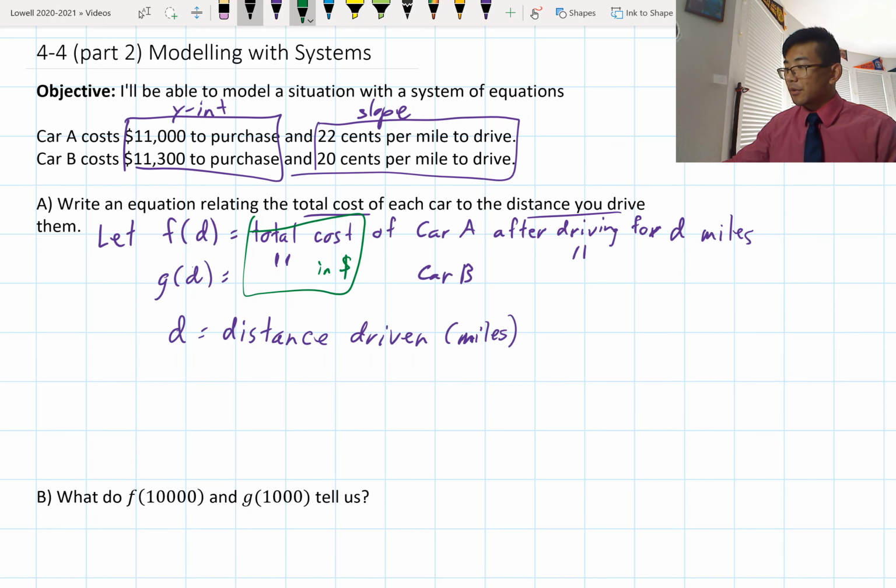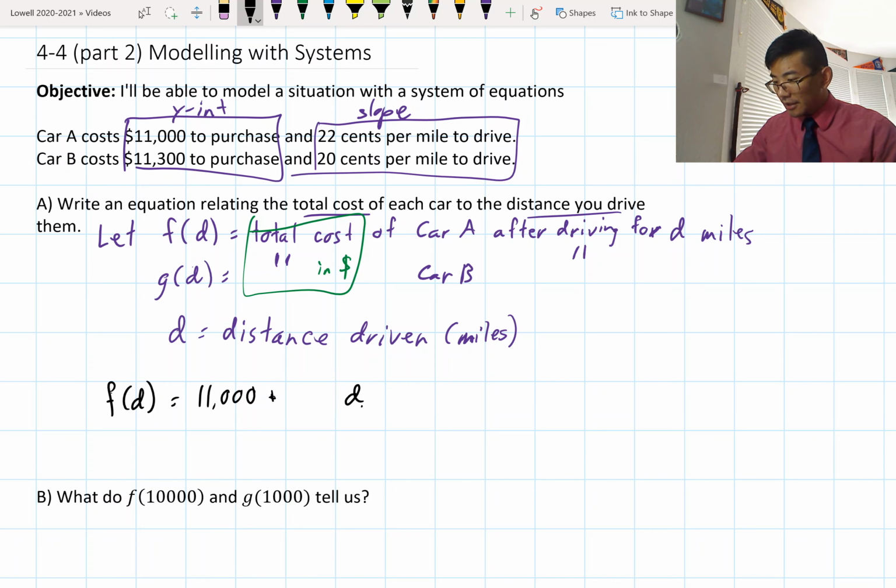So f of d would be $11,000. I'm going to write 11,000 first. Usually you put your slope first, but I'll put our y-intercept first. It doesn't matter because addition is commutative. And then plus, for each mile, that's d, our x, our independent variable. How much does it cost to drive?